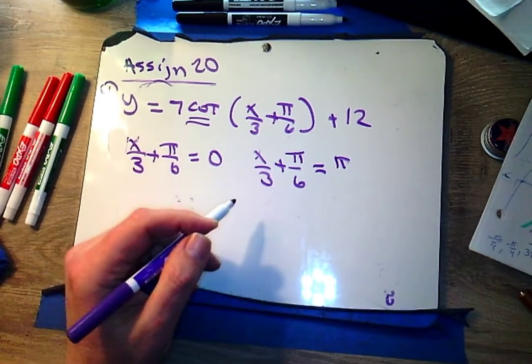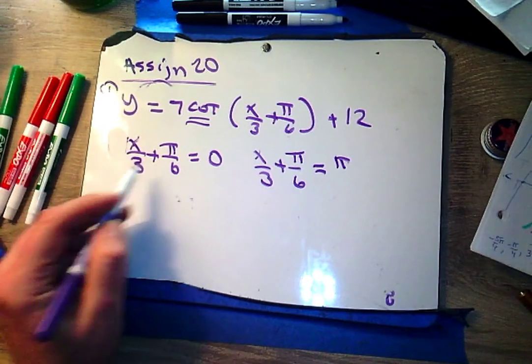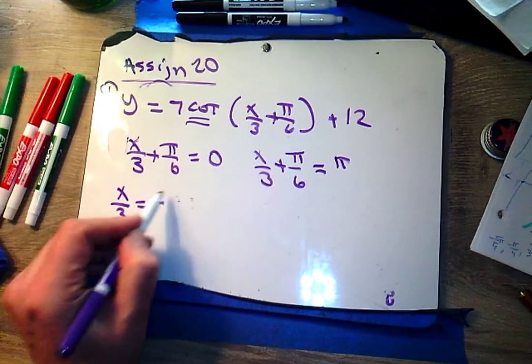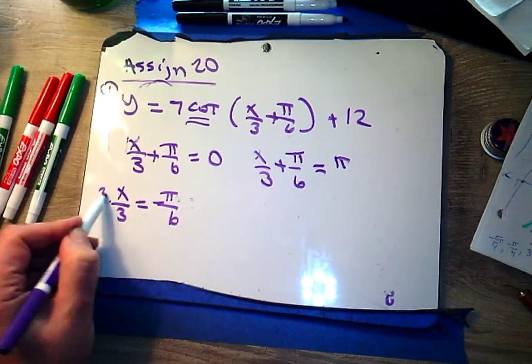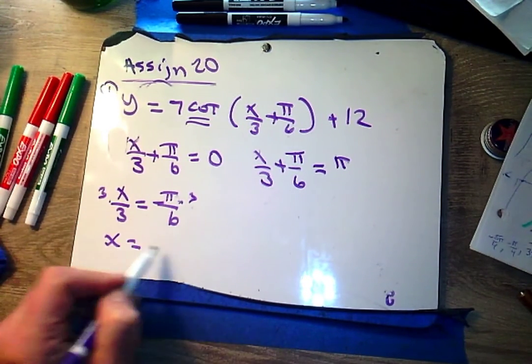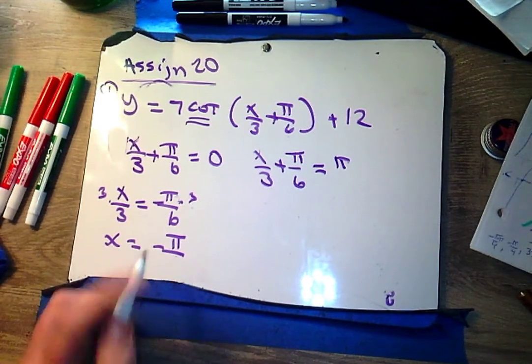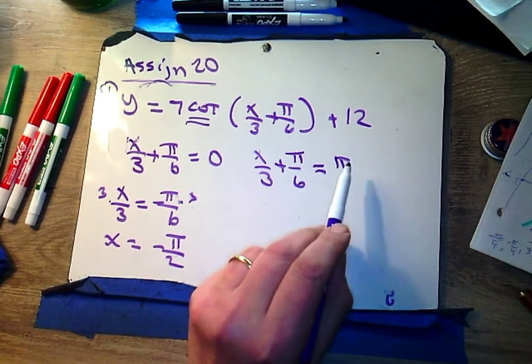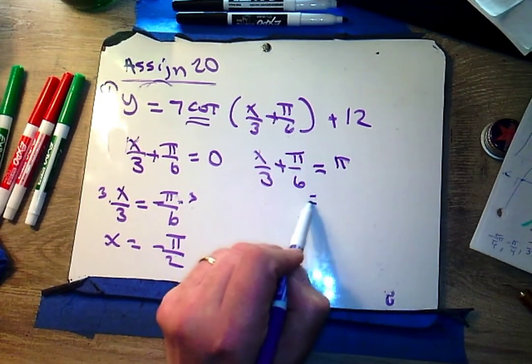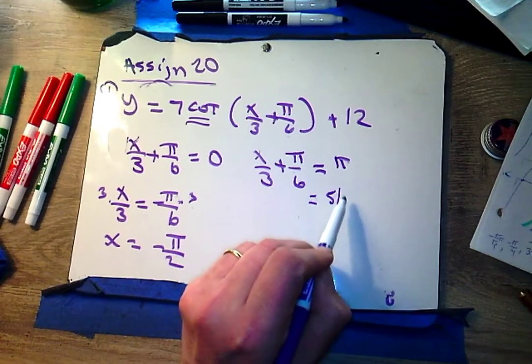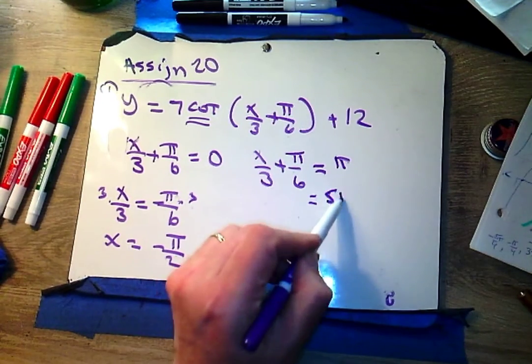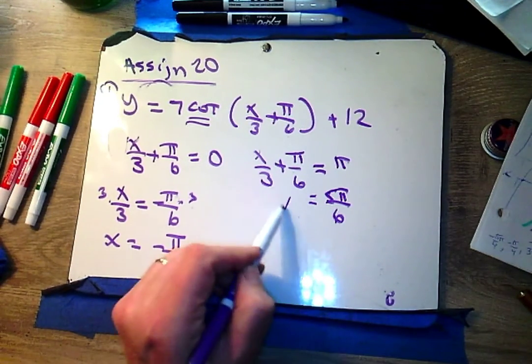Okay, we solve each of these. I multiply both sides by 3, negative pi over 2. And here, this is 6 pi over 6 minus 1 pi over 6 is 5 pi over 6.